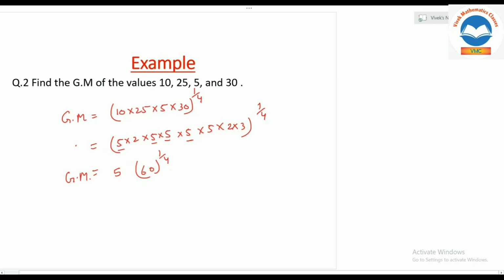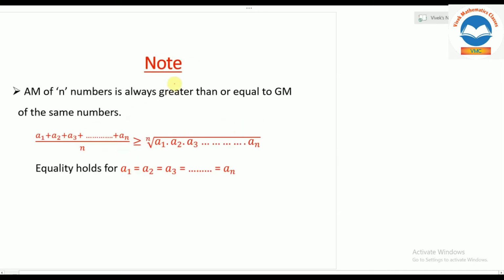We'll move to the next. Here we have taken one bullet point: the AM of n numbers is always greater than or equal to the GM of the same numbers. It means if you are given some n numbers, the AM is the sum of all the numbers divided by n, and the GM is the product of all the numbers to the power 1 by n, that is, the nth root of the product.